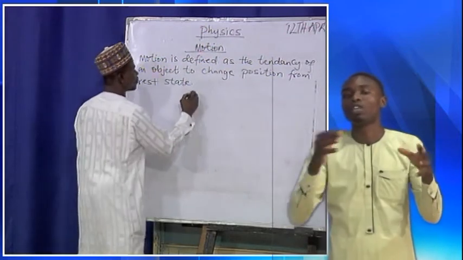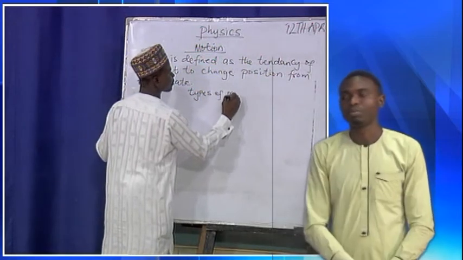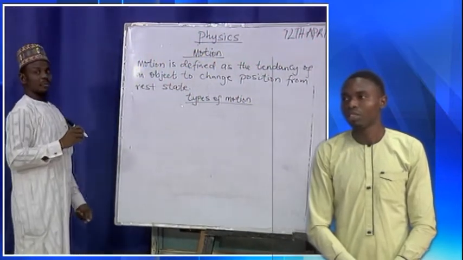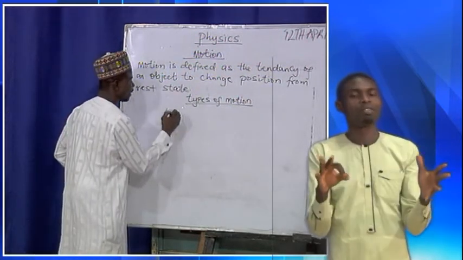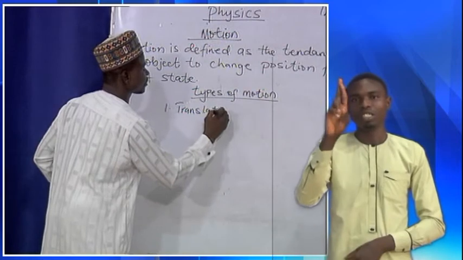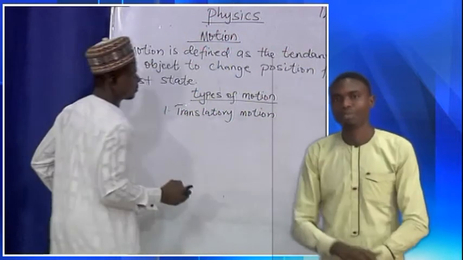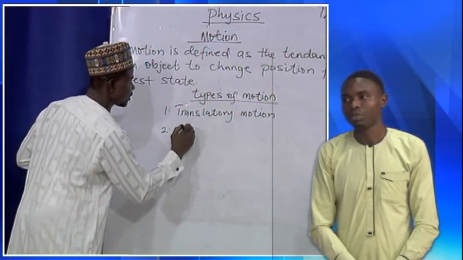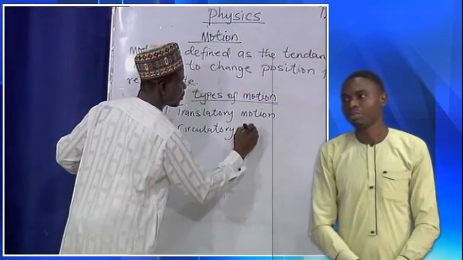So, types of motion. We have basically 4 types of motion. Number 1 is translatory motion. Number 2 is circulatory motion.